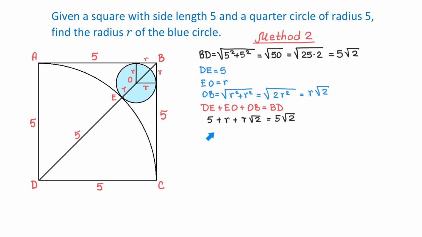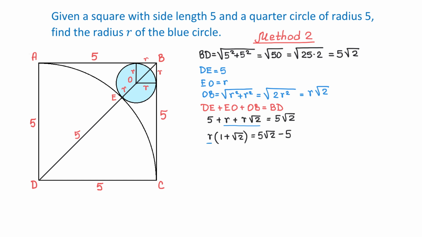We will start by subtracting 5 from both sides, and then from these two terms we will factor out R. When we factor out R, then in parentheses we will have 1 plus square root of 2. Then on the right side we will have 5 square root of 2 minus 5.